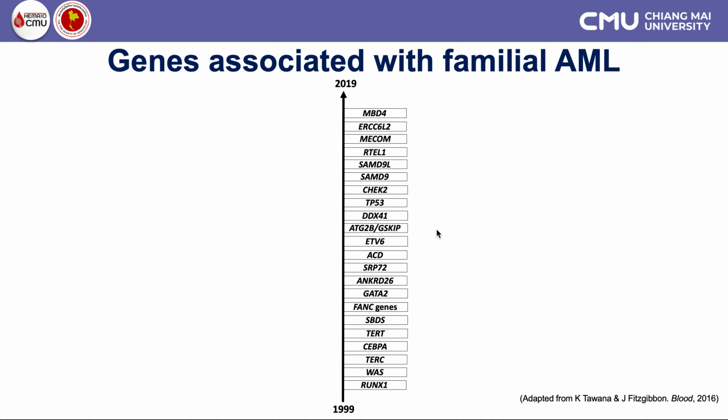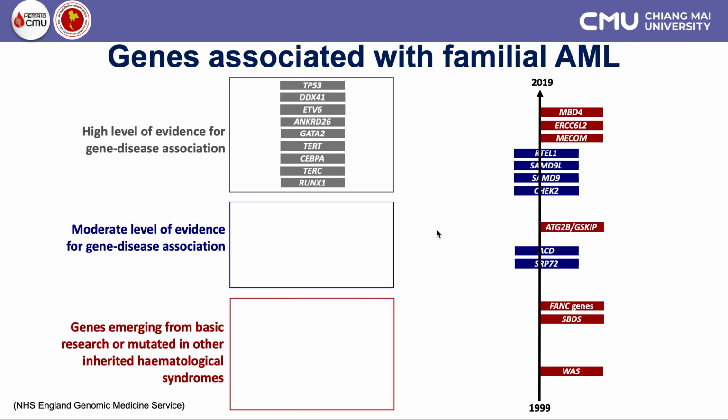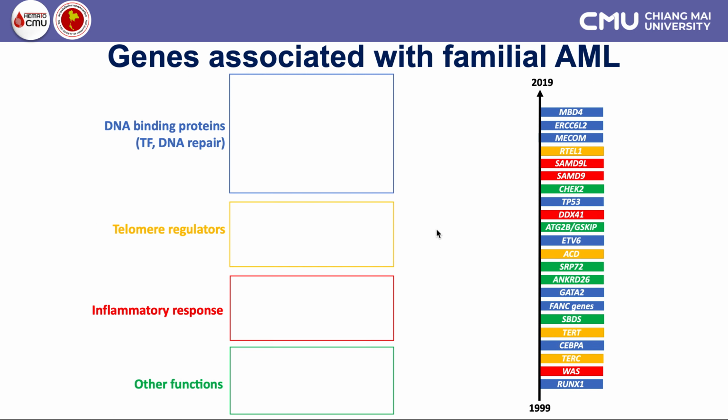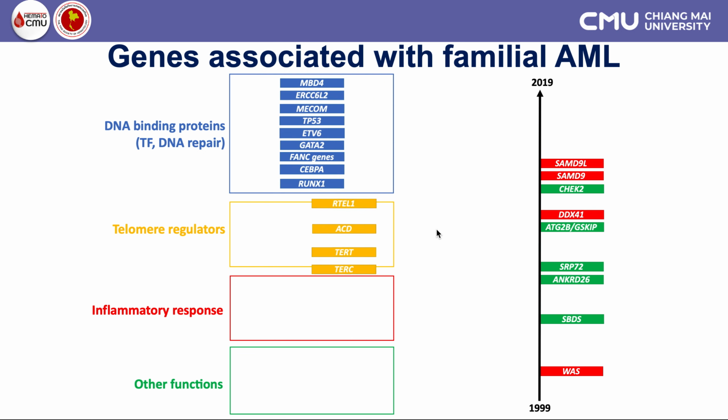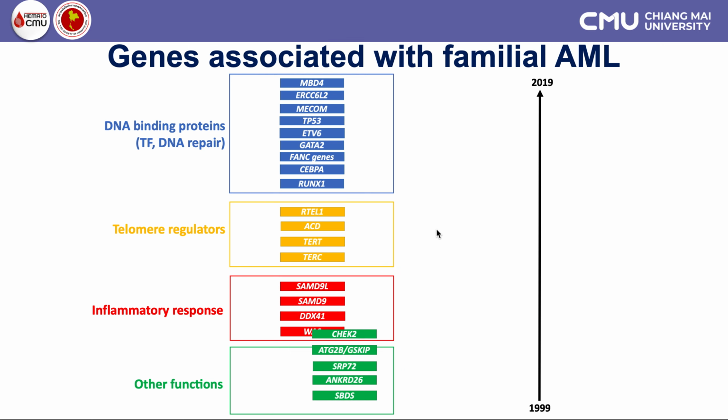These genes can be categorized into three levels of evidence from the evidence of gene and disease association: high, moderate, and emerging genes from basic research or inherited hematological syndromes. Additionally, these genes serve different functions, such as DNA binding protein and transcription factor, DNA repair and telomere regulation, genes related to inflammatory reaction, and other functions.